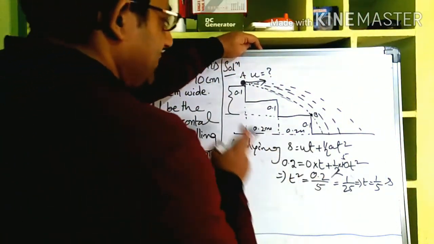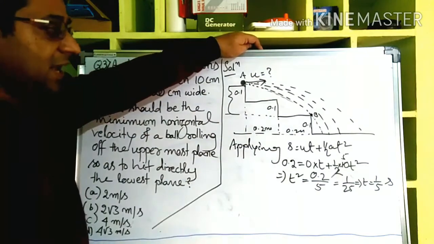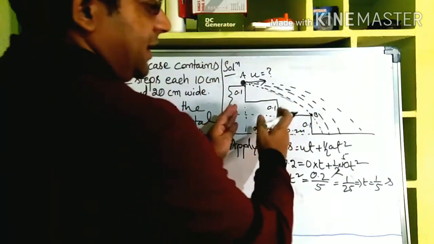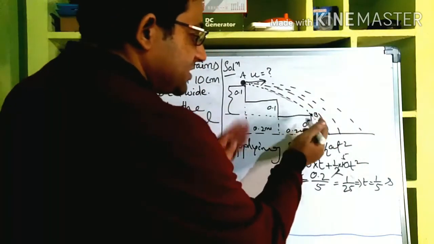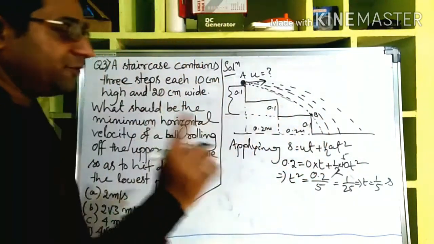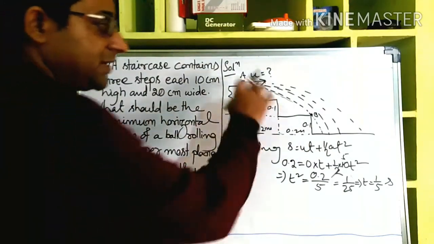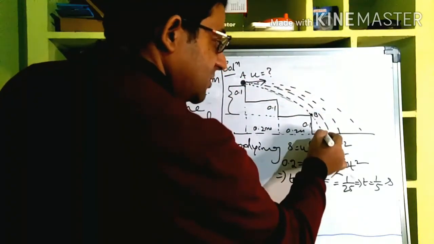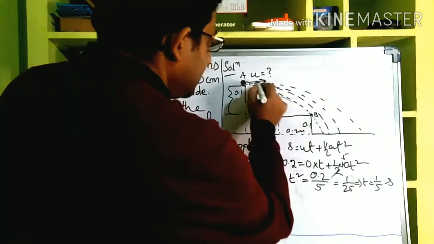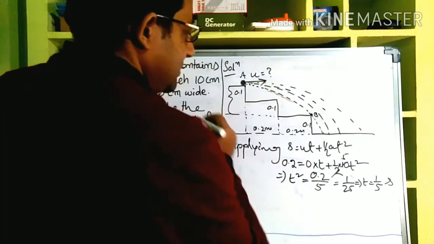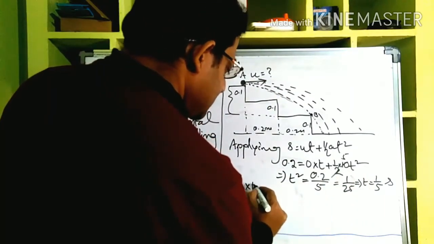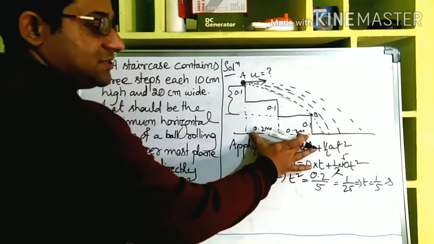So 1 by 5 second it is taking to reach this, and within that time what distance is it traveling? It can travel any distance, but the minimum distance it should travel is 0.2 plus 0.2, 0.4 meter, so that it can reach the lowest plane, right? Since in the horizontal direction the velocity is u, u multiplied by this time is nothing but this minimum distance.